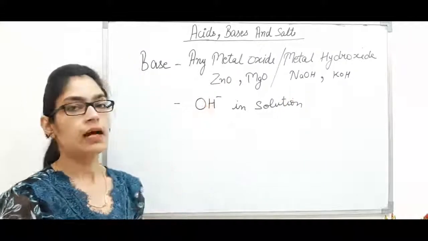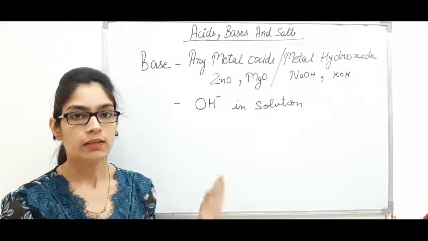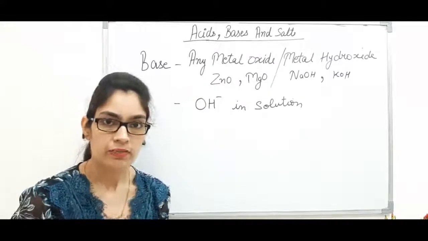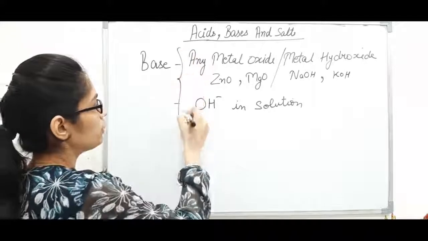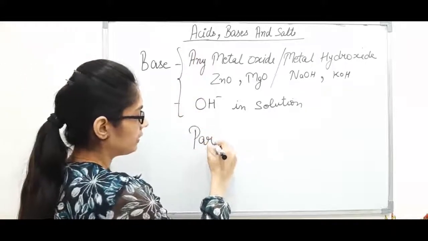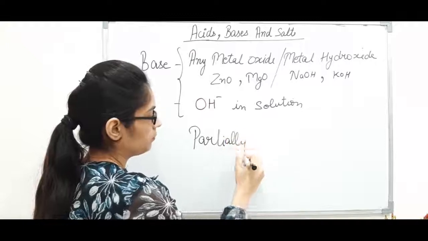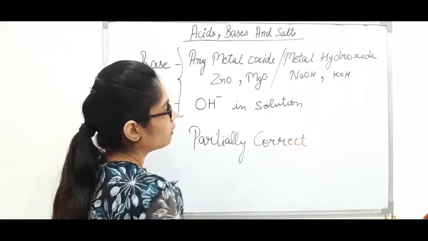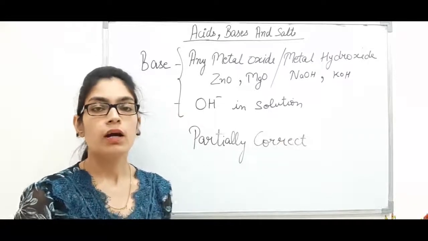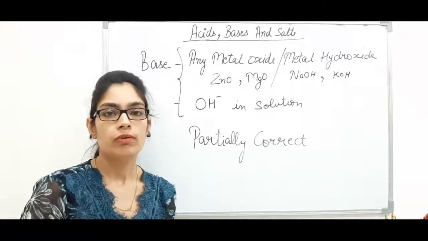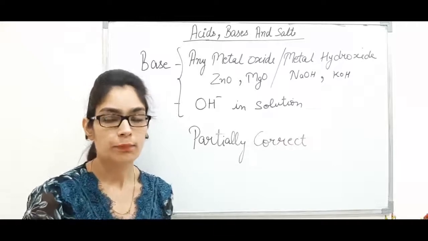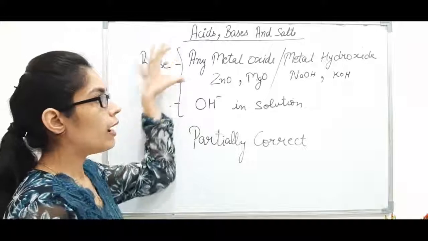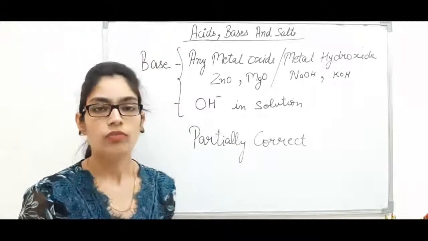Both these statements are true, but together these two are not a 100% correct definition. These two statements are partially correct. But we have to understand the 100% correct meaning of a base, so let us understand that. You have to make sure that you know these two are characteristics of a base.